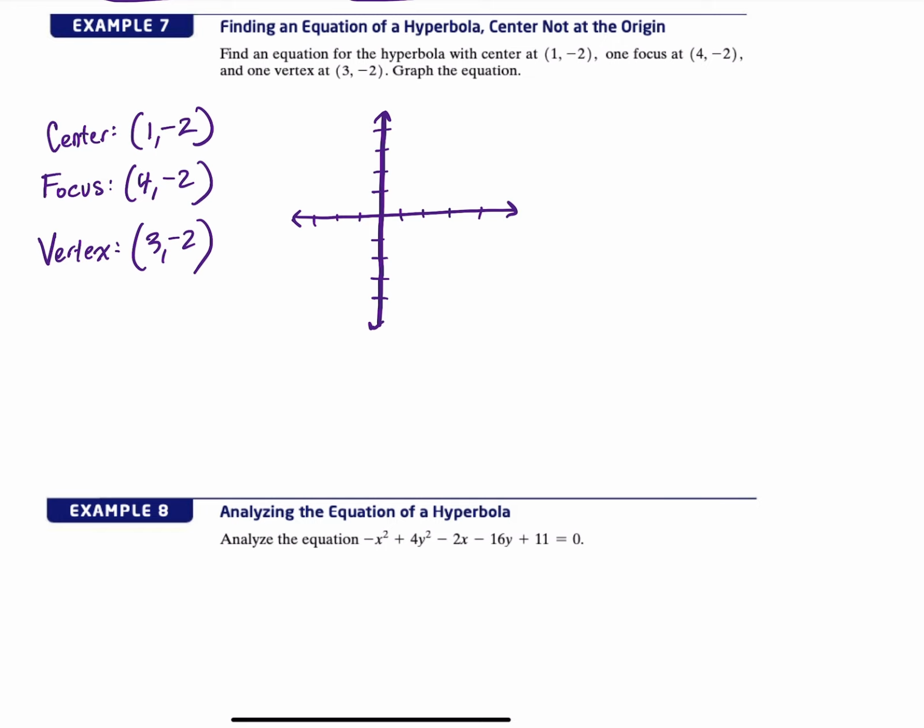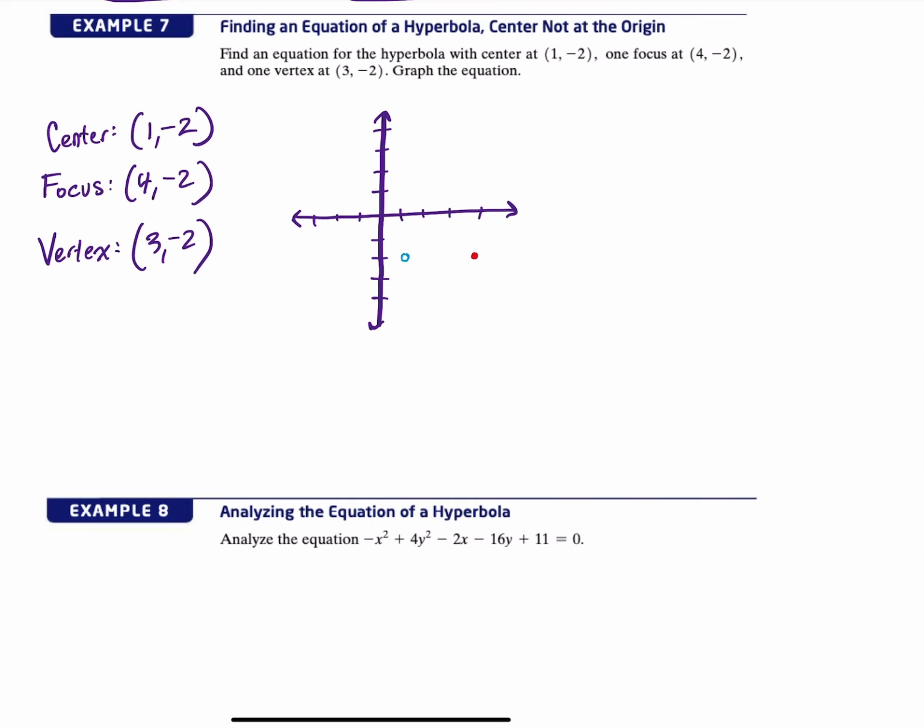Our center point is (1, -2), so down here, we have one focus point at (4, -2). 1, 2, 3, 4. So over here.